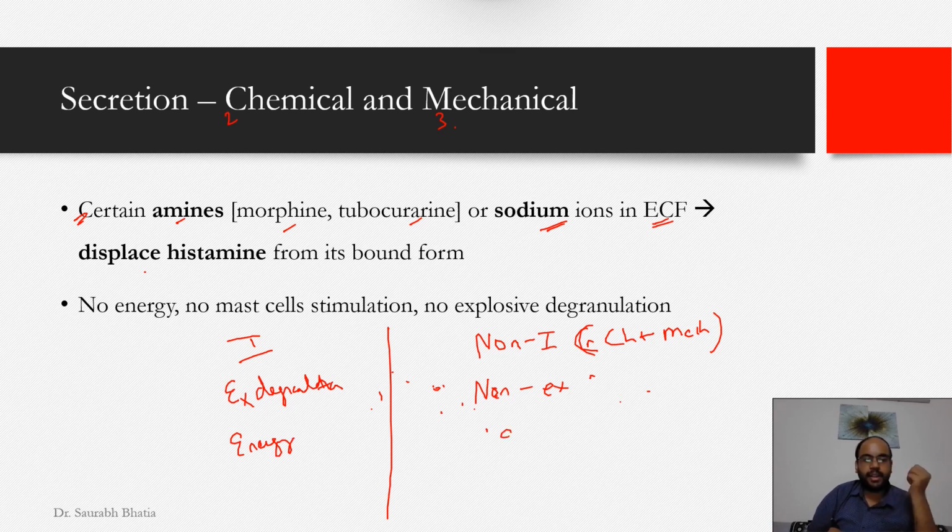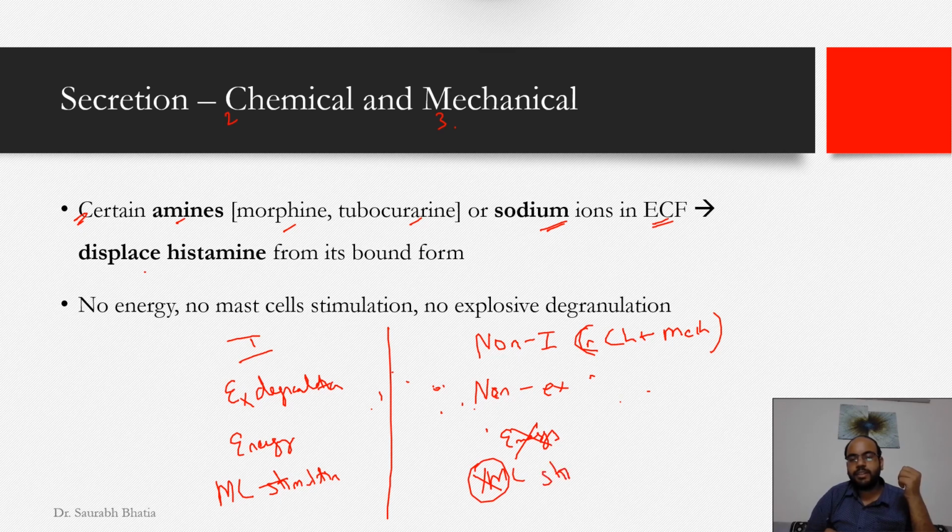Non-immunological doesn't require energy. Immunological requires mast cell stimulation, while the non-immunological one does not require mast cell stimulation. Clear? So these are the methods by which histamine is released.